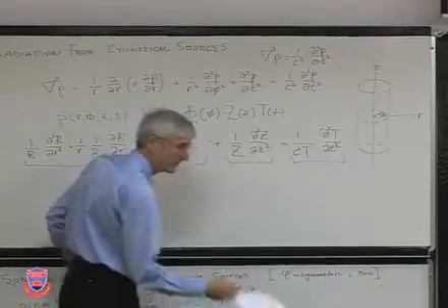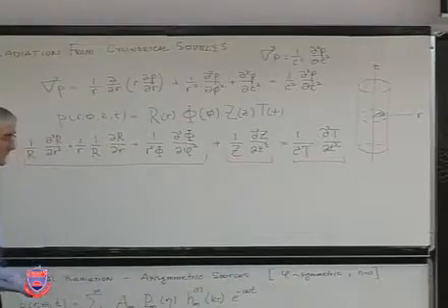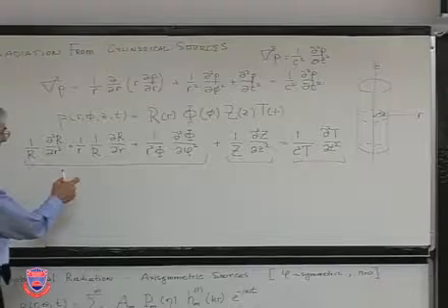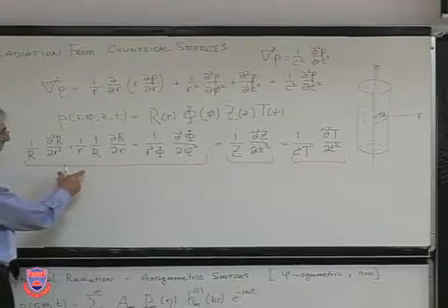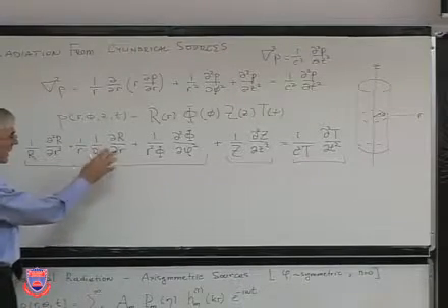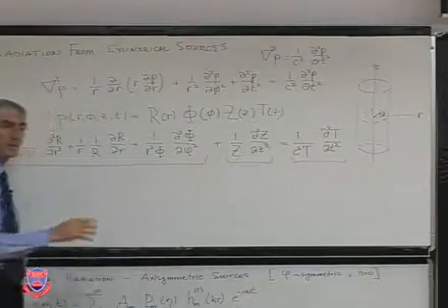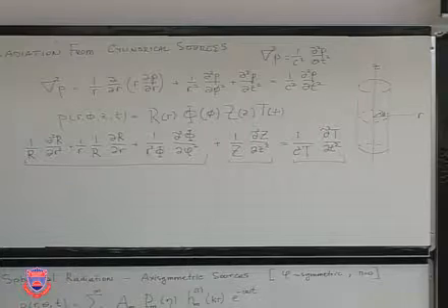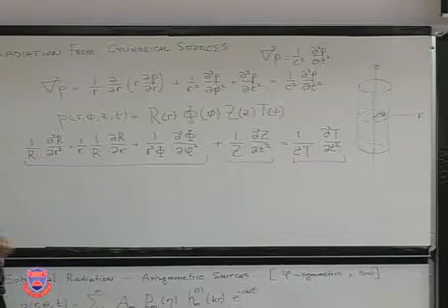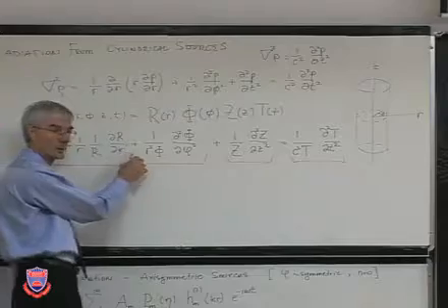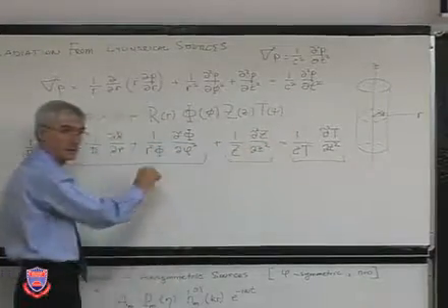Now you can see that each component is independent of the other ones. So you can equate them separately to separate constants. As far as this portion is concerned, these are constants because there's no dependence.